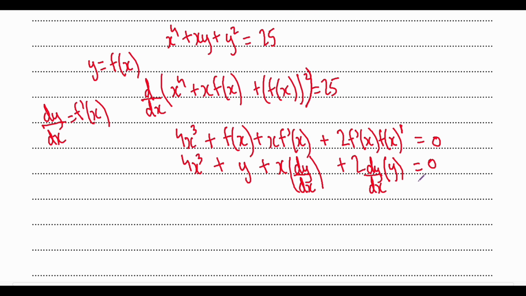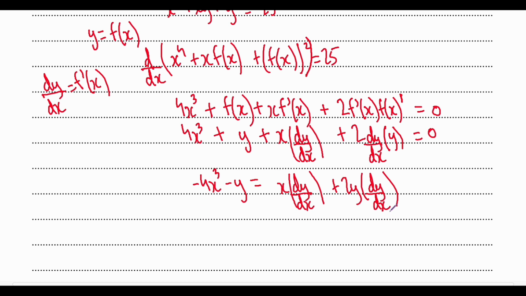Well, what can we do now? To find dy by dx, we can just rearrange this equation. So let's bring these to the other side. So you have minus 4x cubed minus y is equal to x times dy by dx, plus 2y times dy by dx. Well, now dy by dx is on the same side, you can just factorize it, right?